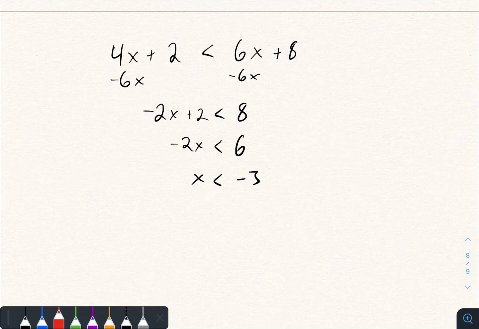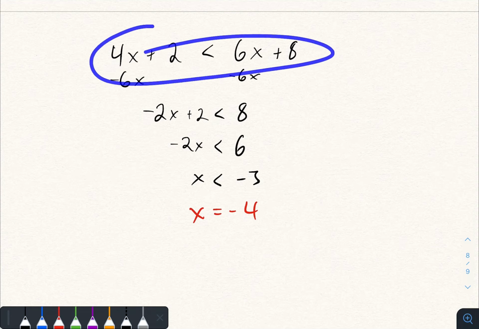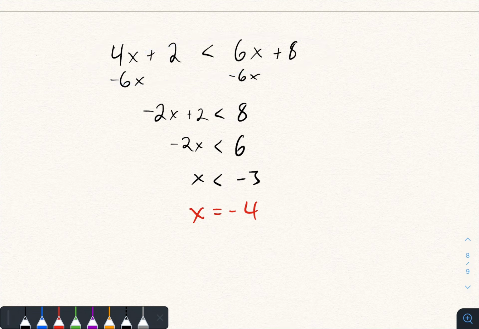The reason this is a mistake is that this is telling us that if x is any number less than -3, for example, x equals -4 would work according to this. If we plug that into the inequality up here, we should get a true statement. So if I plug -4 in, I will get 4 times -4 plus 2, which is equal to -16 plus 2, which is -14.